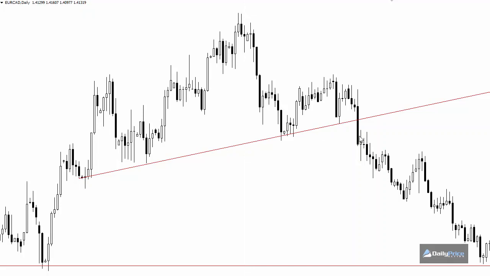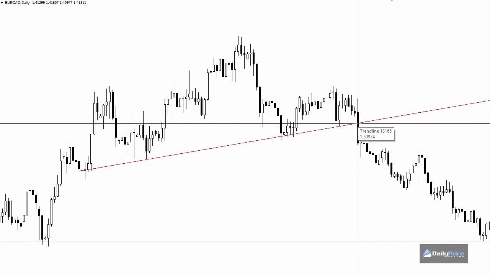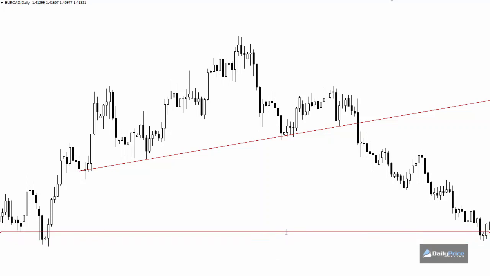Now if we take from the break of this neckline and measure 600 pips, we get a level of about 1449 or so. So 1449.